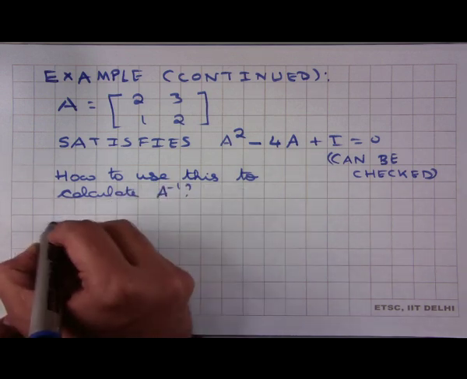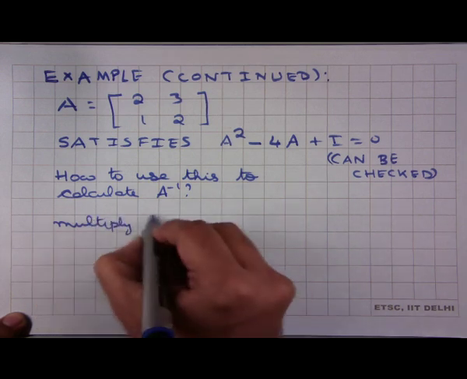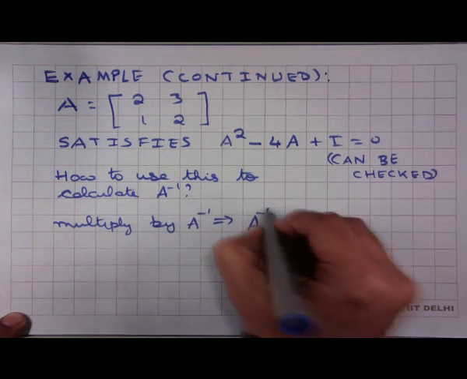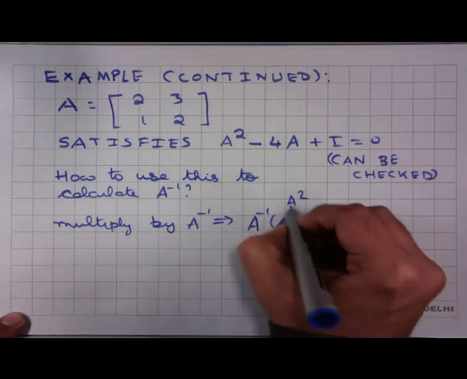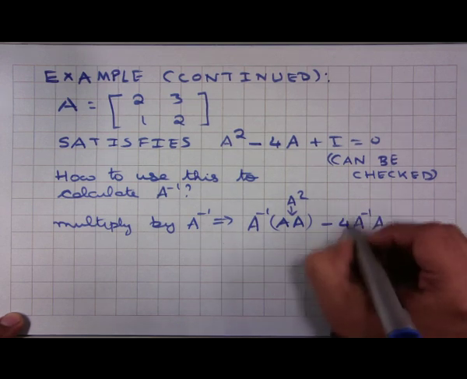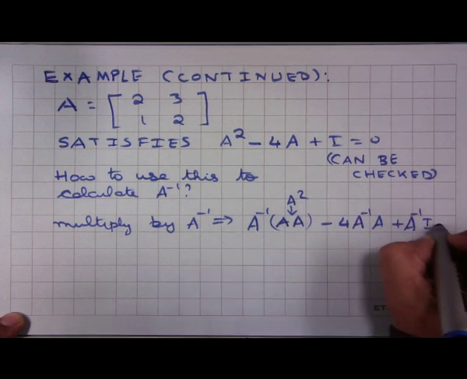Well, we can multiply by A inverse, then we will get an equation like A inverse times A times A, where I have replaced A square with A times A, minus 4 A inverse A, taking the 4 outside, plus A inverse times I, which is 0.